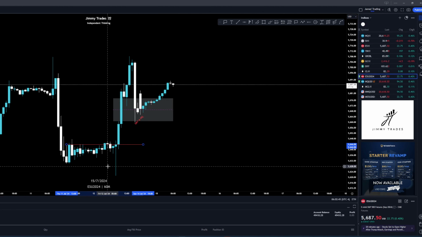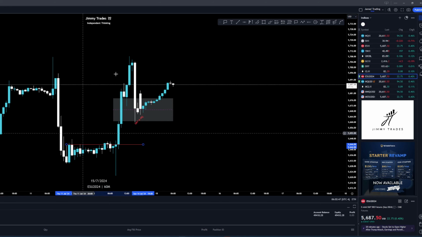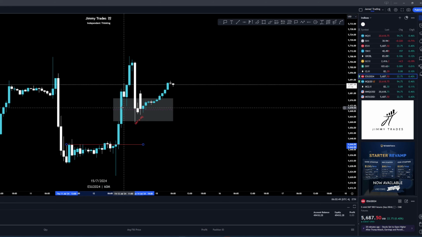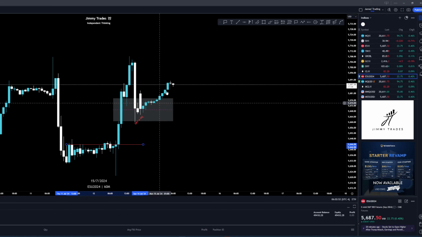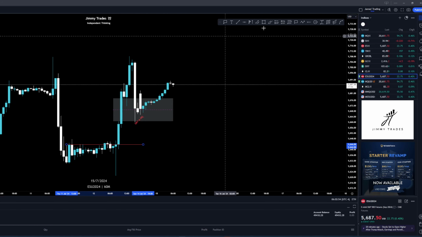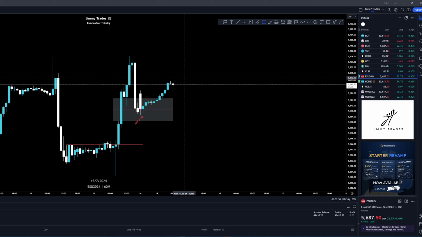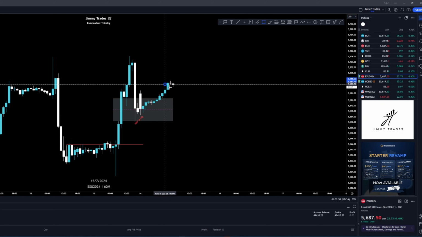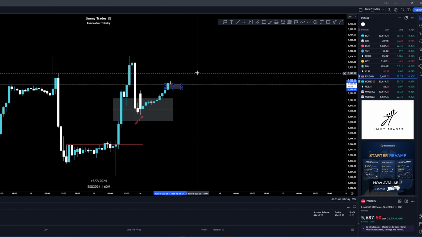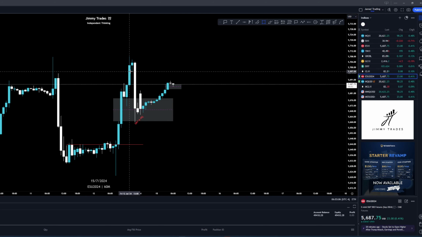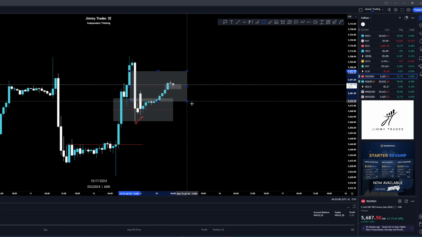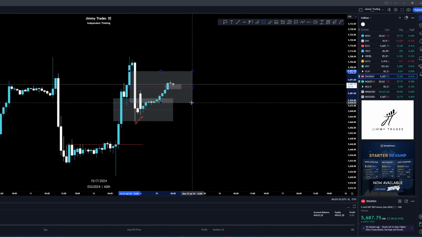High resistance liquidity. Continuing higher. So we've respected the bullish PD array and price continues to move higher. Right now, ES is also respecting this bullish PD array, and it's closed above the mean threshold and is now testing that level.